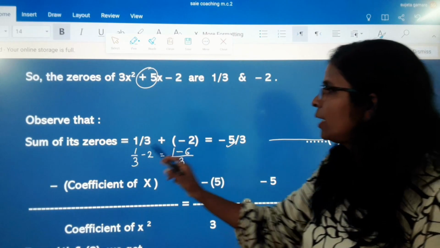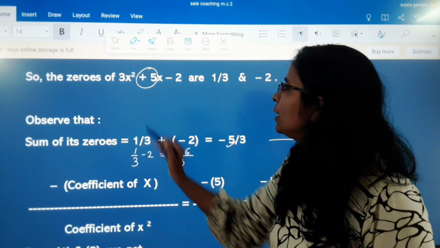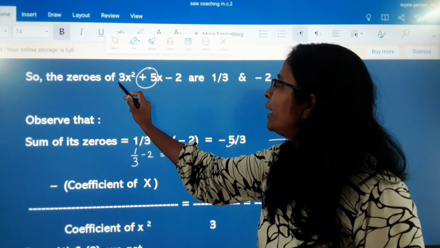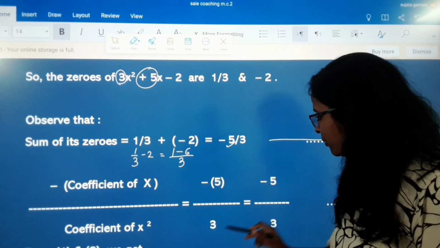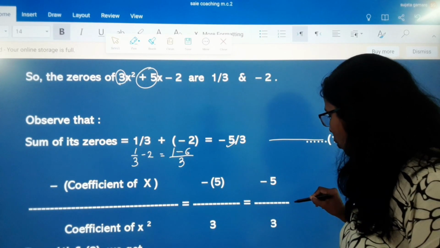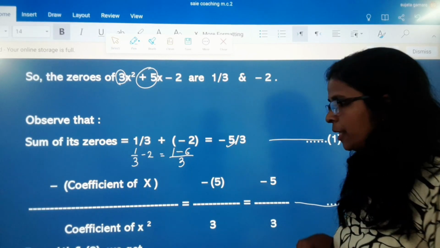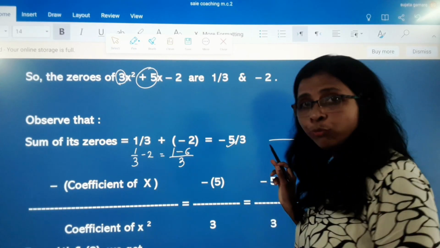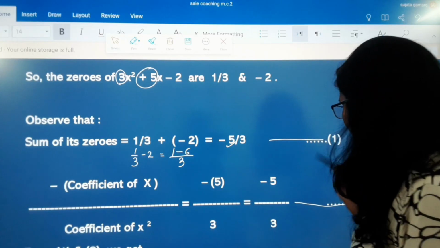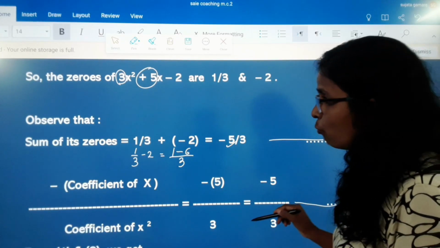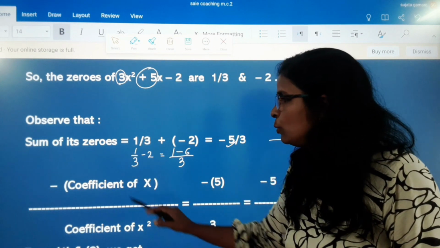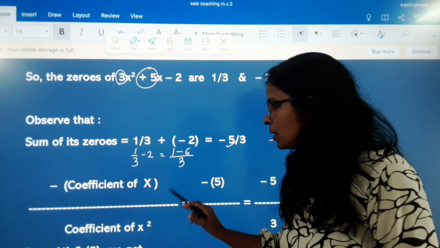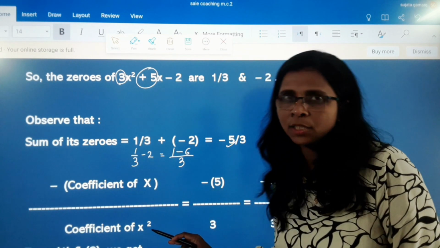The coefficient of x square is 3. So we get the value minus 5 upon 3. Call it the second equation. So now from 1 and 2 we get the sum of its zeros equal to minus coefficient of x upon coefficient of x square.